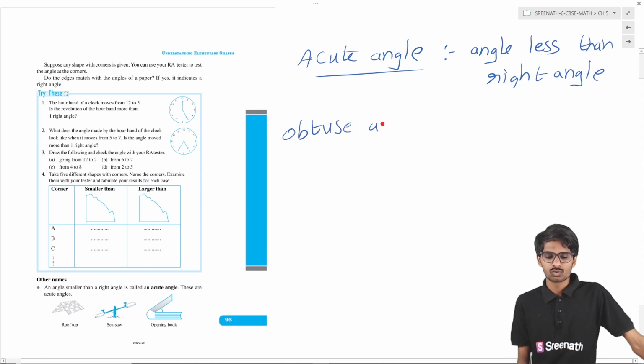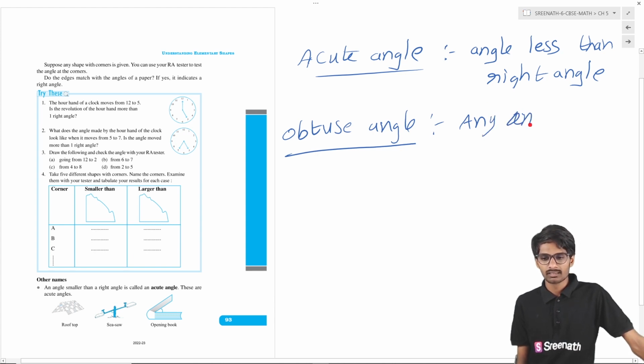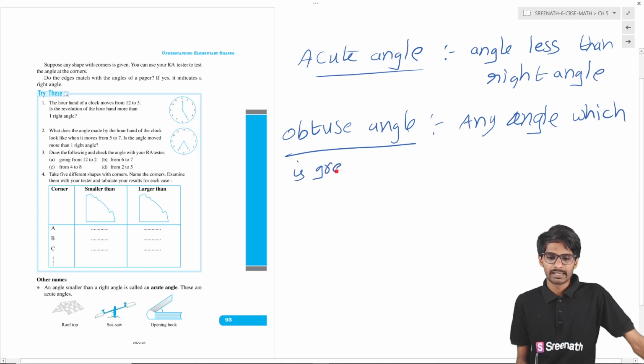What is an obtuse angle? Any angle which is greater than a right angle, we call it an obtuse angle.